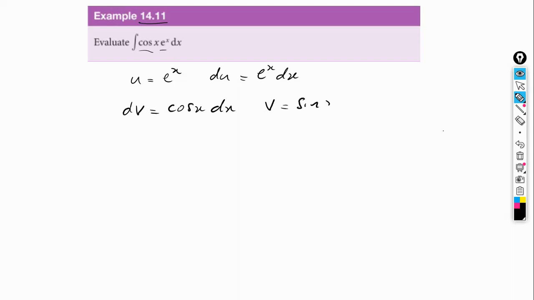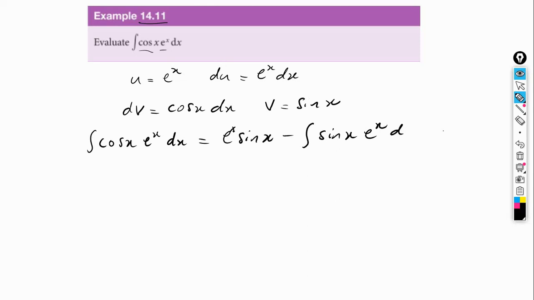And now we're ready to use integration by parts. So the integral of cosine of x times e to the x dx is going to be u times v, so e to the x times sine of x, minus the integral of v, sine of x, du, which is e to the x dx.